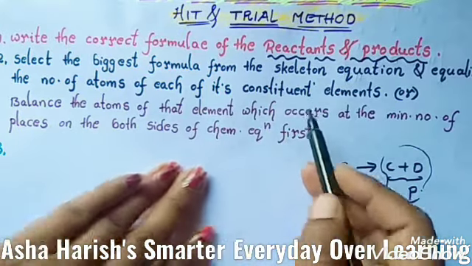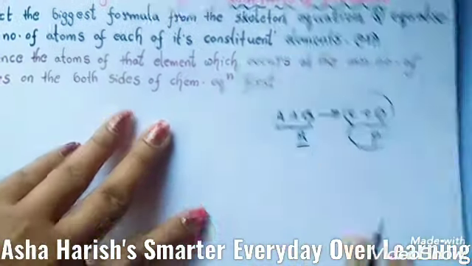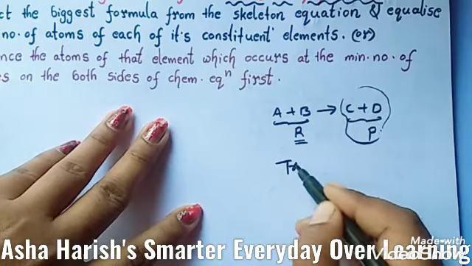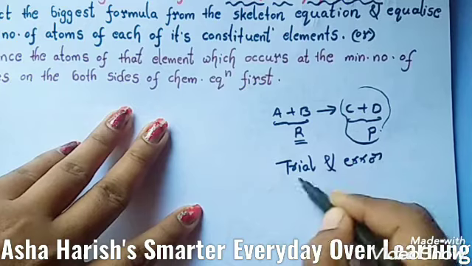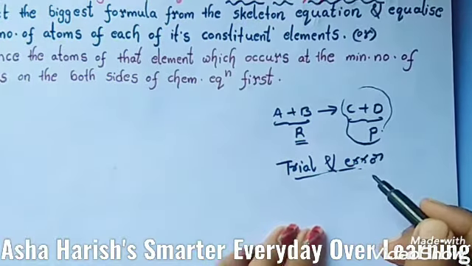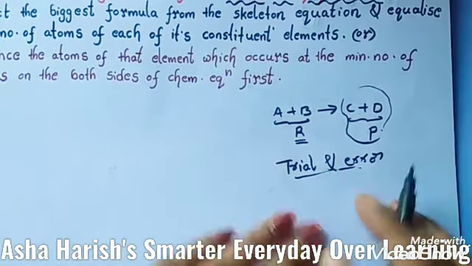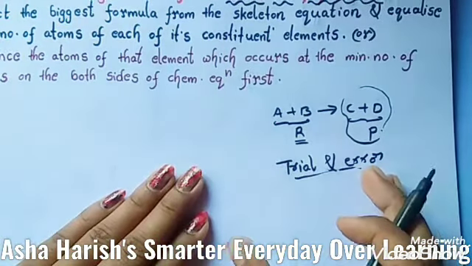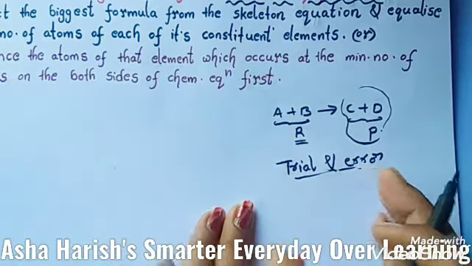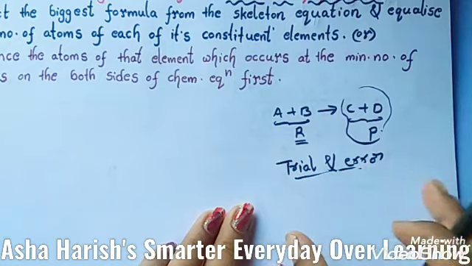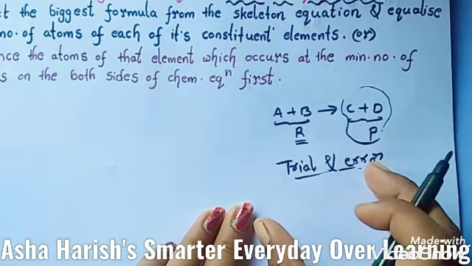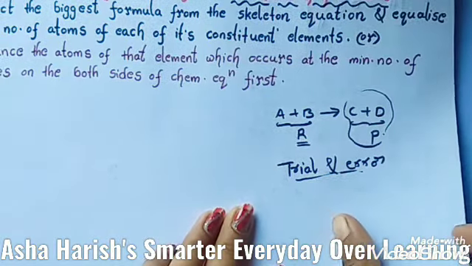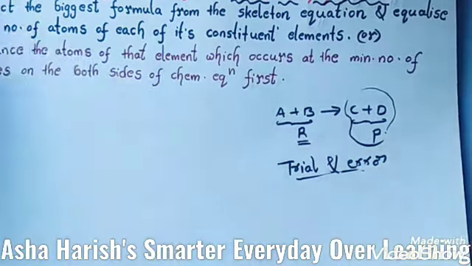It is also called the trial and error method, also known as the hit and trial method. Many of the chemical equations can be balanced by this method. There is no definite rule for balancing a chemical equation by this method. Some rules, I just have to share with you.